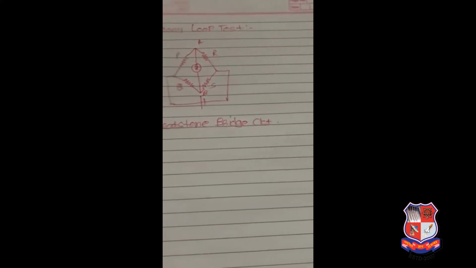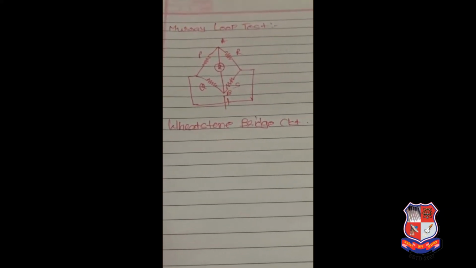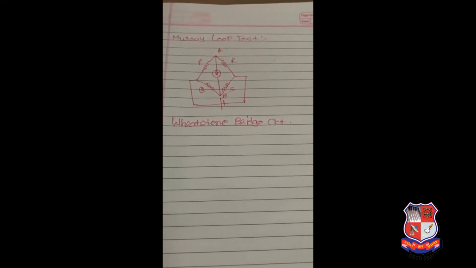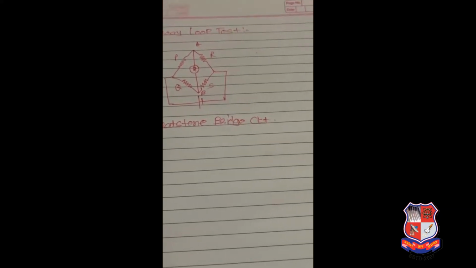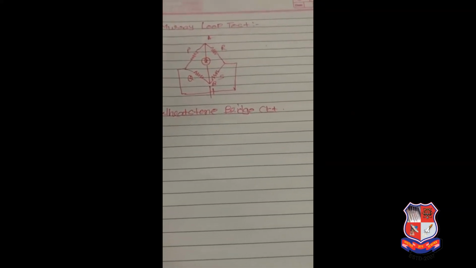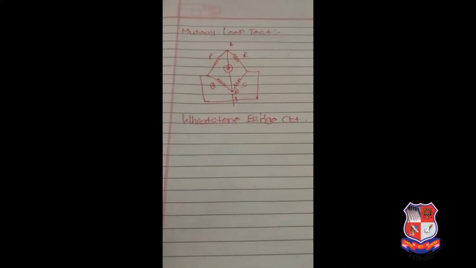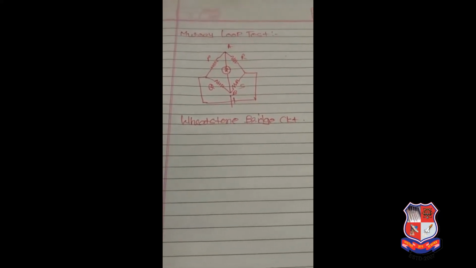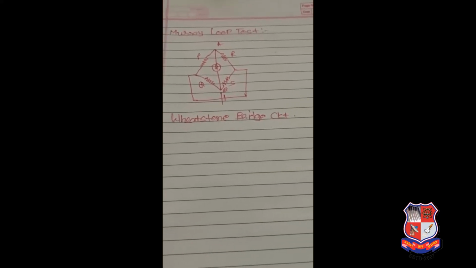When the voltage between the 2 points A and B is the same, it means the bridge is balanced, and the galvanometer will show 0 deflection. If the galvanometer shows some deflection, it means the bridge is unbalanced. If the galvanometer shows 0 deflection, the bridge is balanced. So, the Murray loop test uses this Wheatstone bridge circuit arrangement.